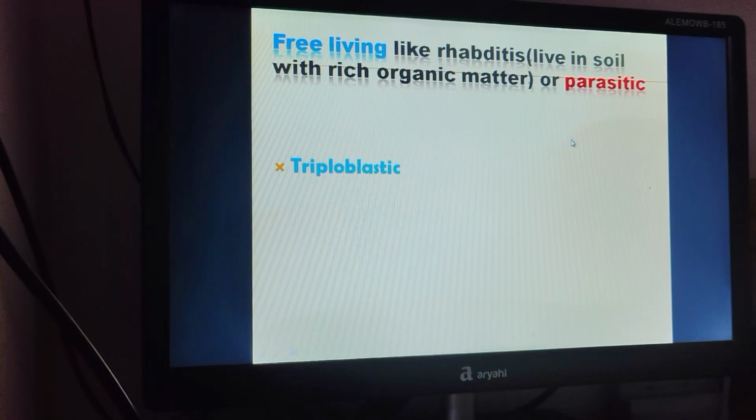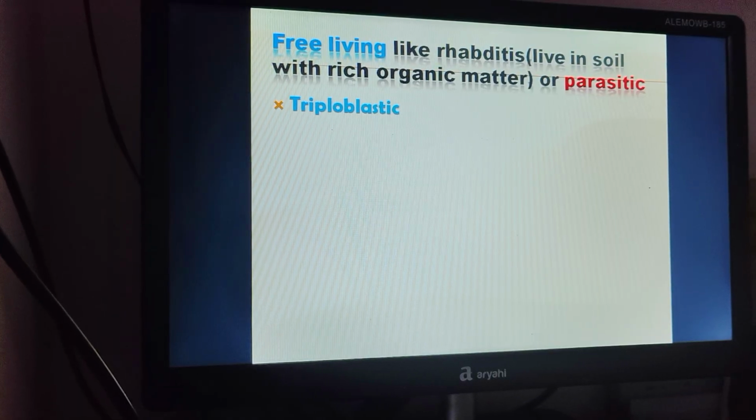And coming to the level of organization, organ system level, we see organ system level from Nematoda onwards. The previous phylum has an organ level of organization.